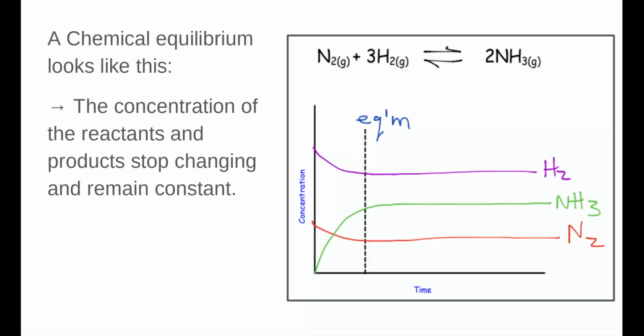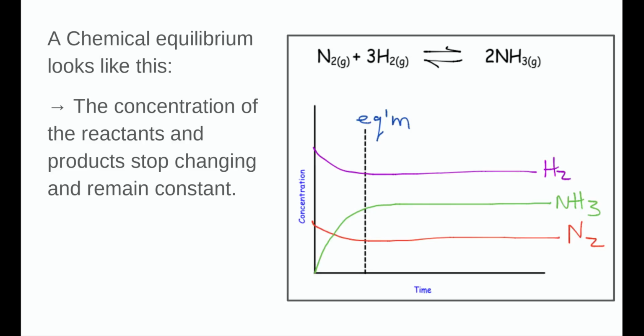If we were to graph concentration of some substances at equilibrium, it looks like this. So we're going to look at this reaction: nitrogen gas plus hydrogen gas is making ammonia. If you look, the reactant hydrogen does this. We start with this much hydrogen, and it gets down to this point where equilibrium is reached.